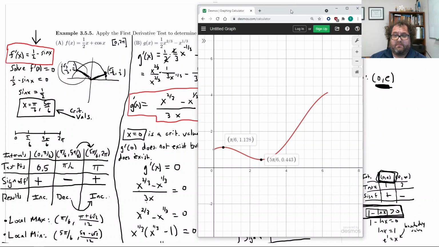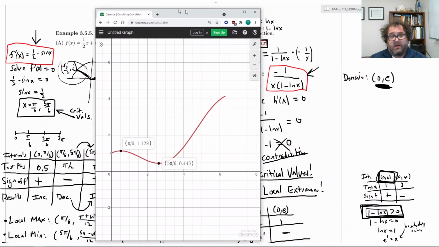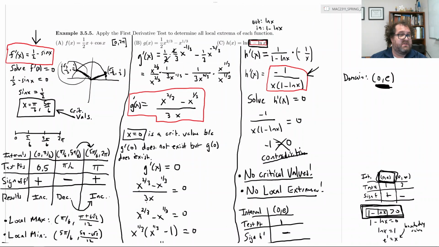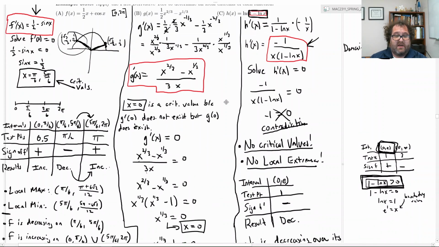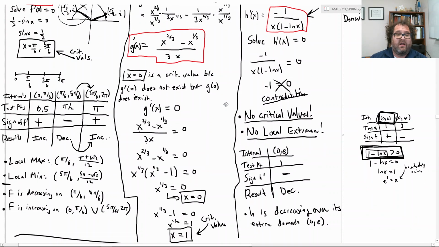I'll give you most credit if you approximate, but solutions should always be assumed to need exact solutions. Never give an approximate solution unless you're specifically requested to do so. So this is the exact y value. The approximate y values were 1.128 and 0.443, rounded to 3 places.